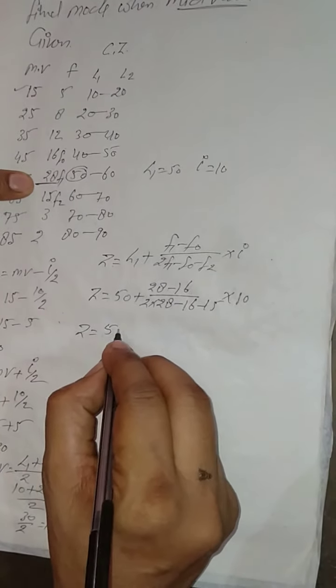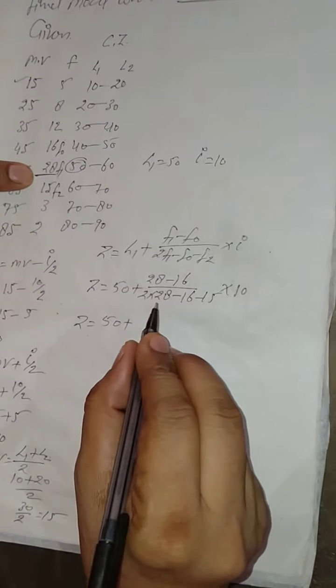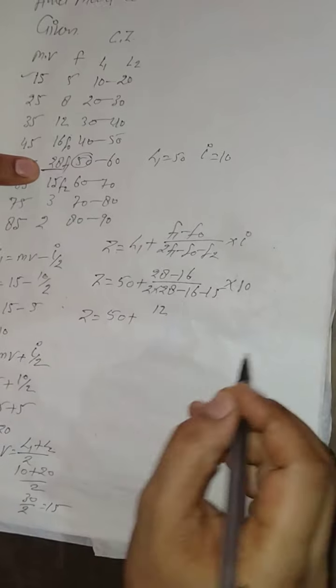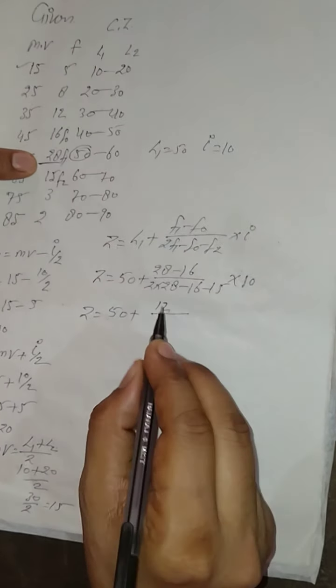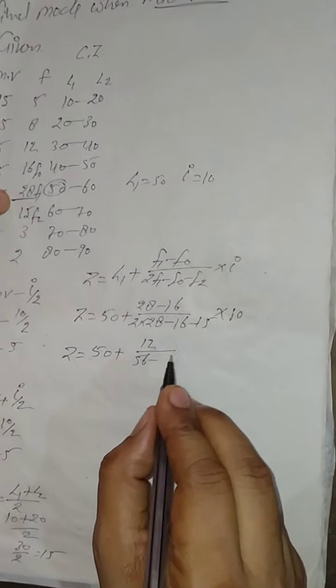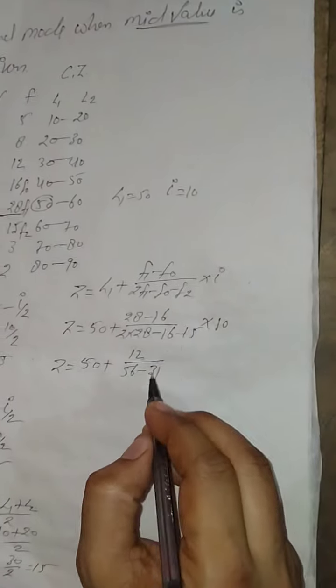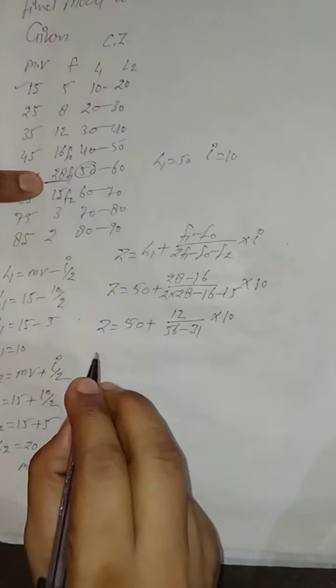So Z is equal to 50 plus 12 divided by (56 minus 31) into 10.